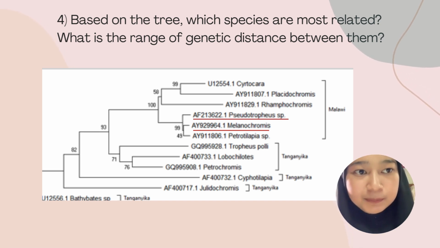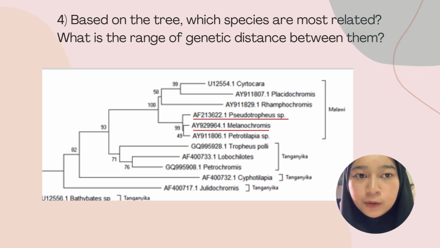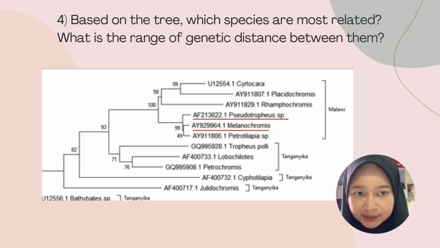Another closely related pair is Placidochromis and Cytocara, which also have a short genetic distance and a high support value of 99%.